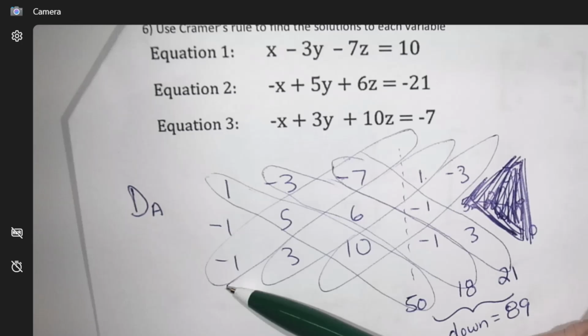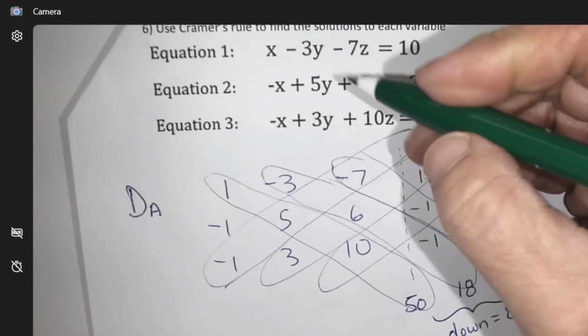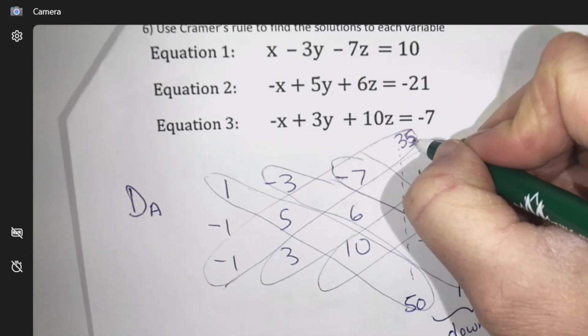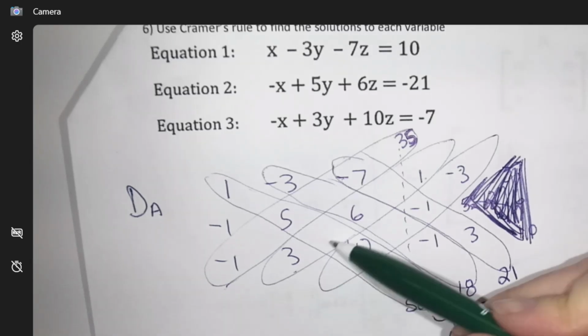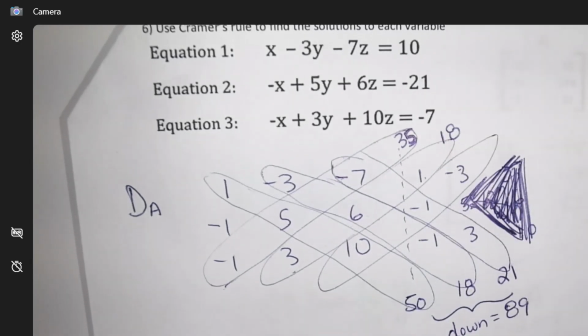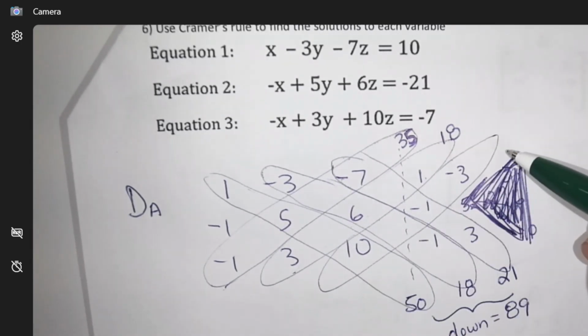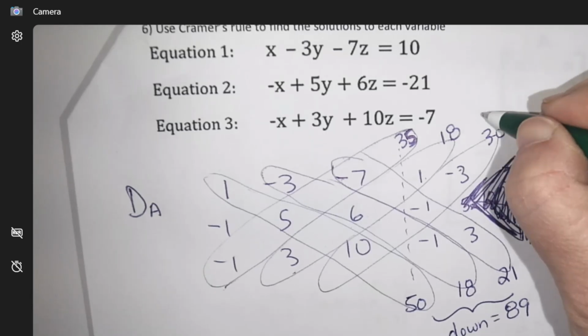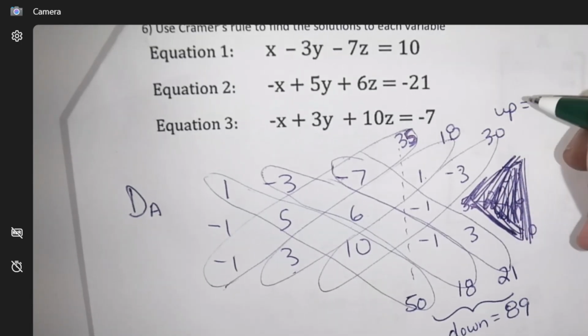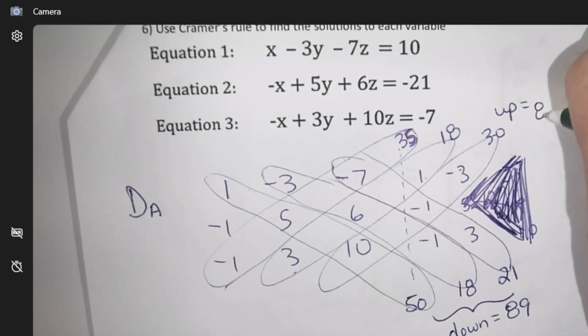Okay, now this one would be 35, 18, and 30. So 83.